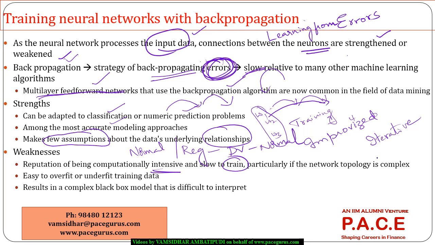If the network topology is getting very complex, you will find that the learning done by the neural networks is very slow. At the same time, if the architecture is very complex, there is even a possibility that the model is very prone to overfitting as well.